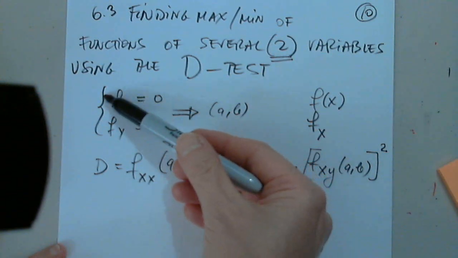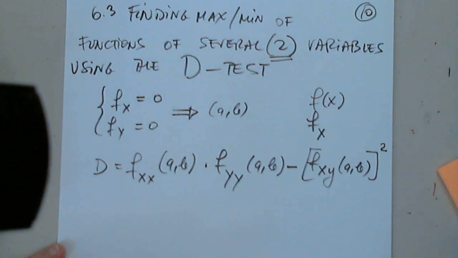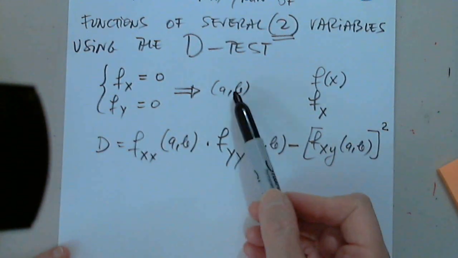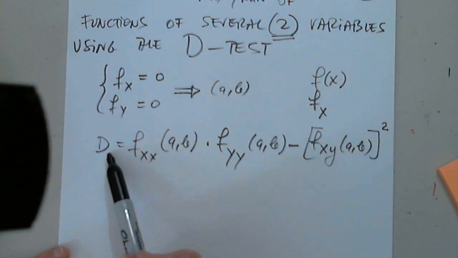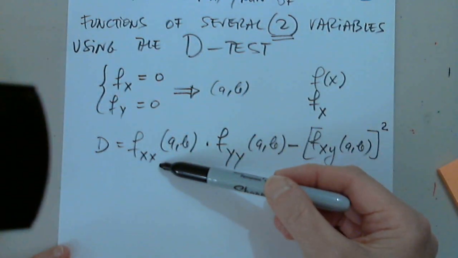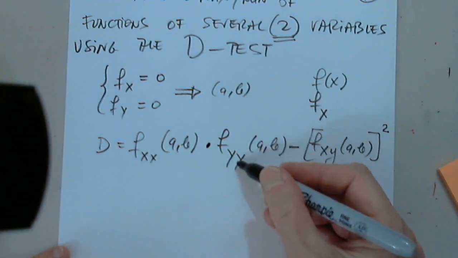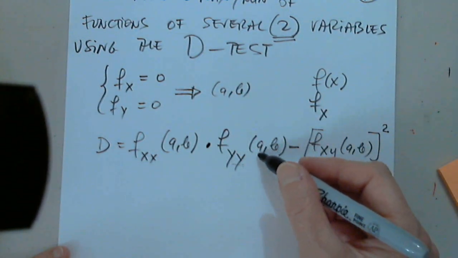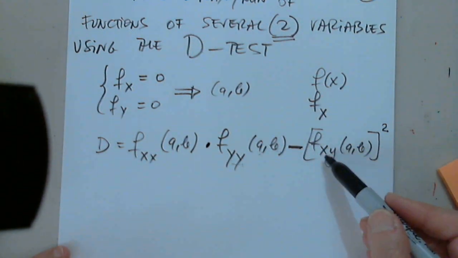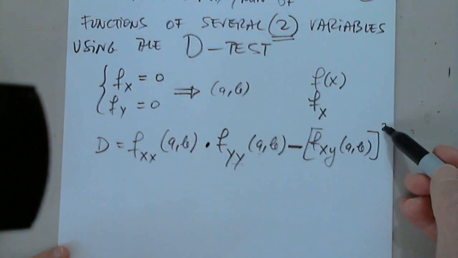So we create a system, we find solutions. If there are no solutions, there is no max-min. If we have solution or solutions, then we determine the D. The D is the second partial evaluated at (a, b) times the second partial yy evaluated at (a, b), then minus the mixed f_xy evaluated at (a, b) squared.